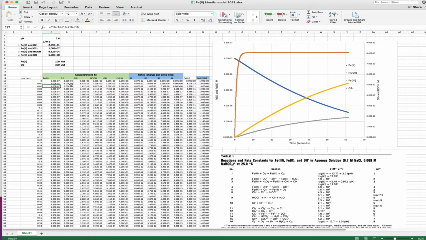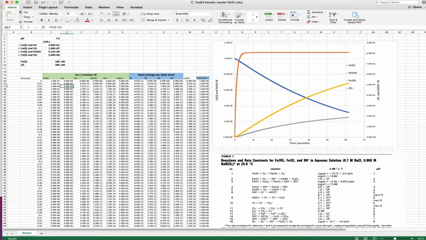Well, what about oxygen concentration? It turns out I use up a little teeny bit of oxygen by oxidizing iron, and so now I have D15. D15 is the oxygen concentration, minus R1, because R1 is the rate of consumption of iron, and it's also the rate of the consumption of oxygen.